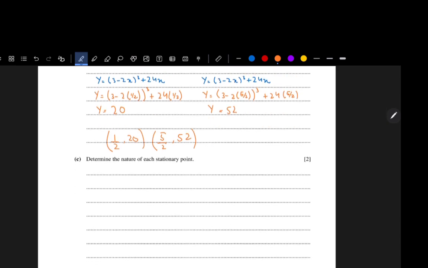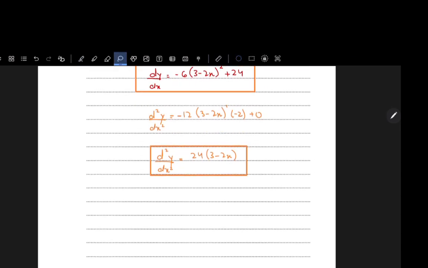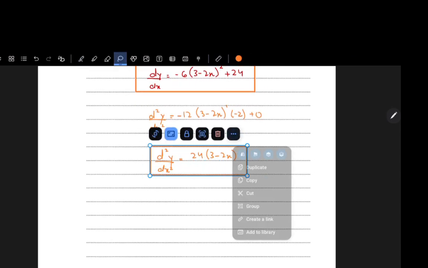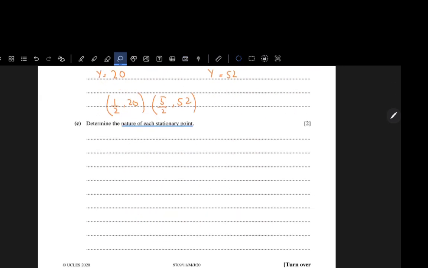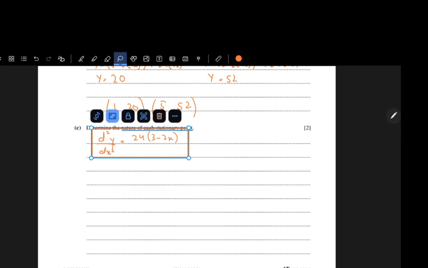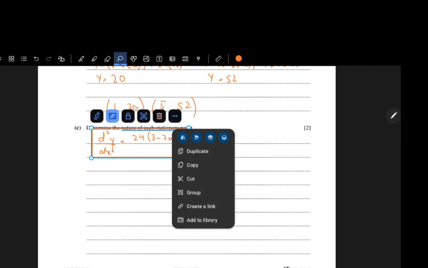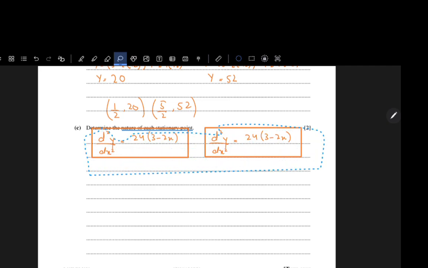For the last part, we need to determine the nature of the stationary points. So for that, we can copy the second derivative of the equation that we found in the first part. We can copy it twice. Let's just change the color.